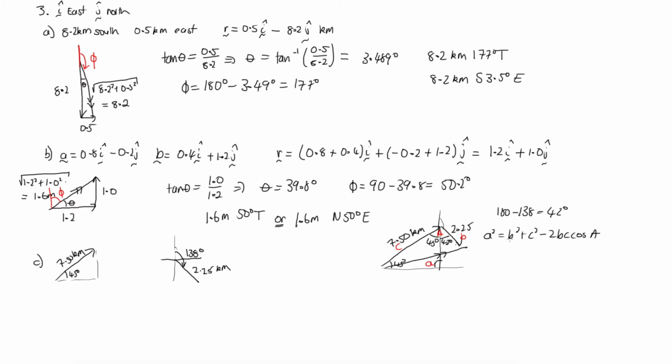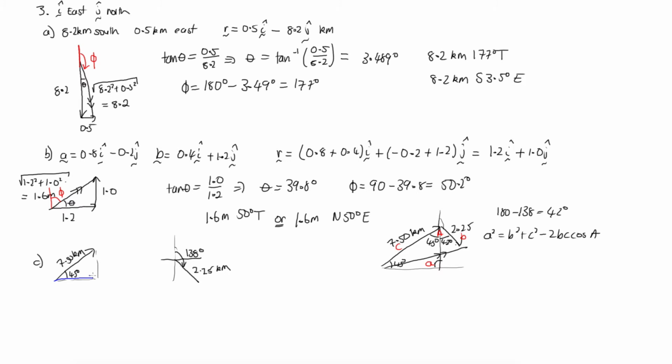So rather than using this approach, which will work if you do it correctly, it's probably easier to use the other approach, which involves breaking our two initial vectors into their components and then adding the components. So let's use that approach now.